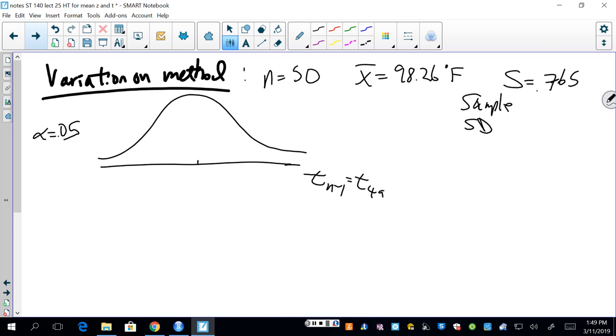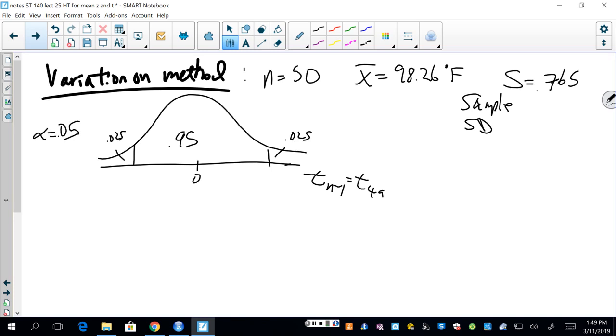Right, so t is just a little bit wider. Because by estimating S instead of having a known sigma, there's a little bit more uncertainty, a little bit more variability in the whole process. We're still going to find the cutoff point that has 95% in the middle, 2.5% on the sides.